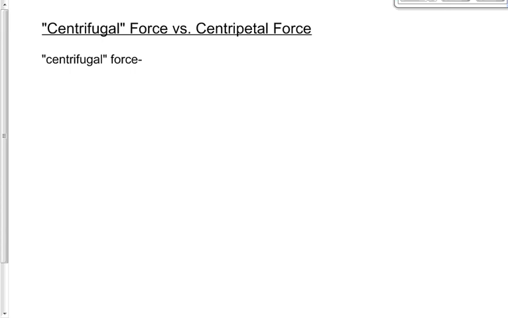If centripetal force was the center-seeking force, centripetal means center-seeking, then centrifugal means center-fleeing.